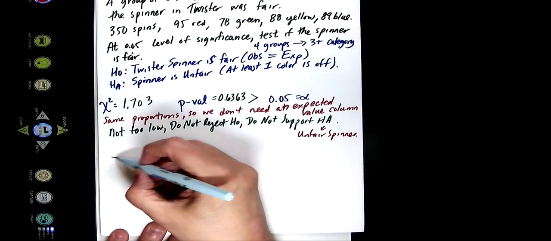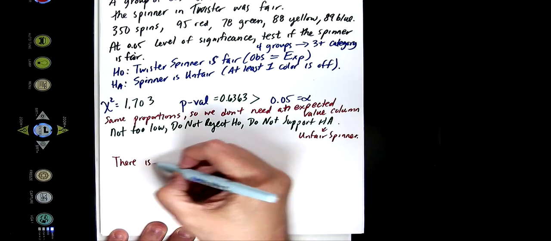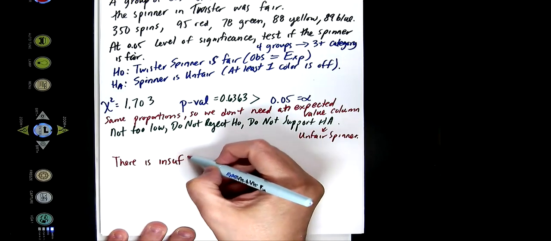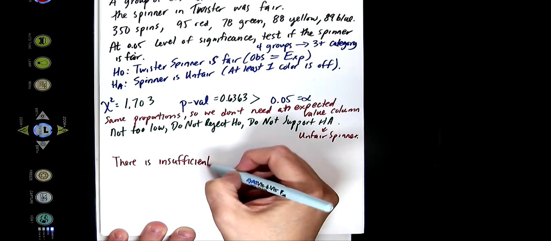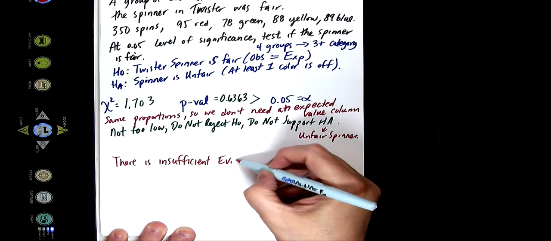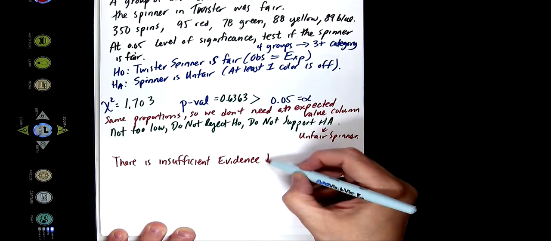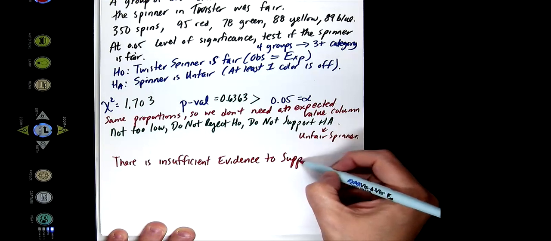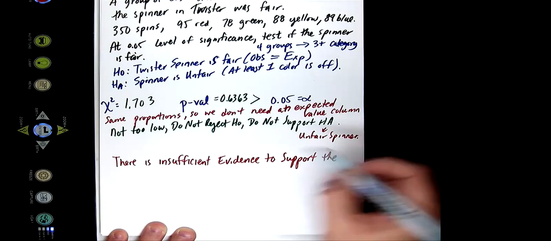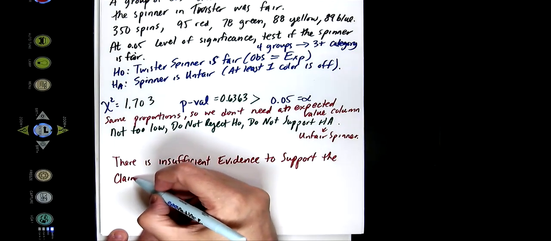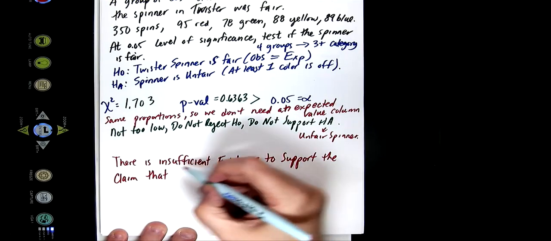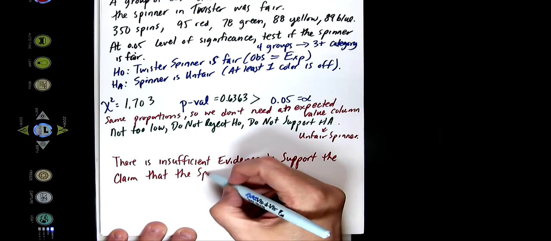So there is insufficient evidence to support the claim that the spinner in Twister is unfair.